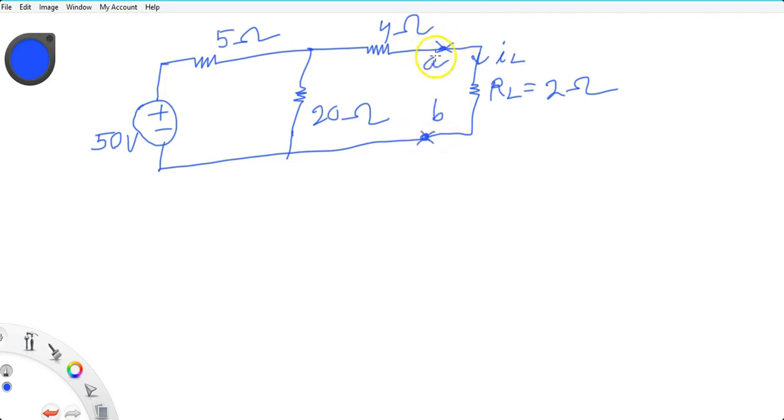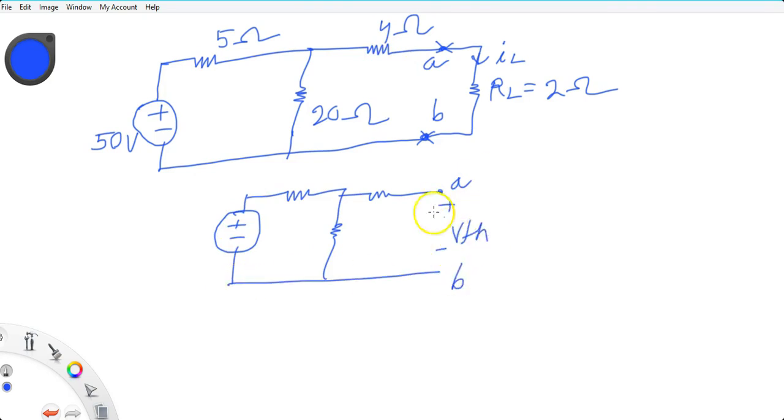Once you cut here, the circuit will be like this. So what is this open circuit voltage? VTH is equal to, as this terminal is open, no current flows through the 4 ohm resistor, and whatever the voltage drop across the 20 ohm resistor is the same as VTH.